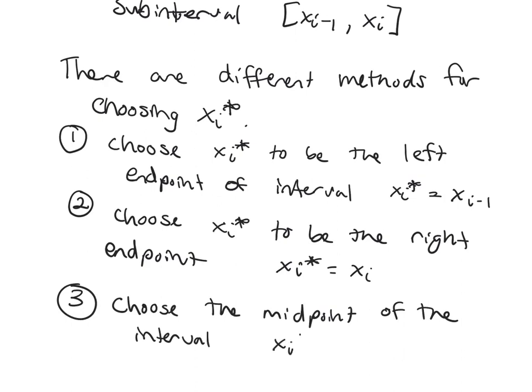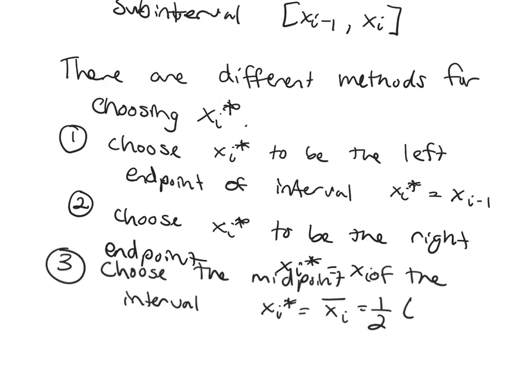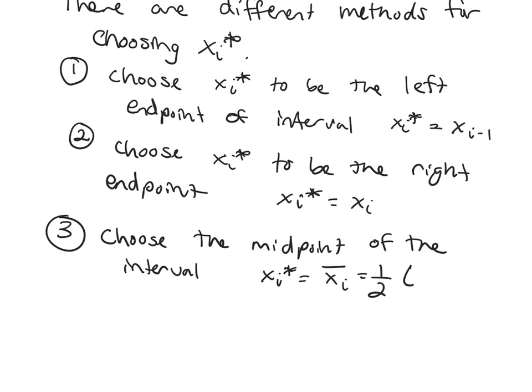So when we use midpoint, sometimes it's replaced by xi bar because you're taking an average. It's 1/2 the sum of the two endpoints, xi minus 1 plus xi, okay?